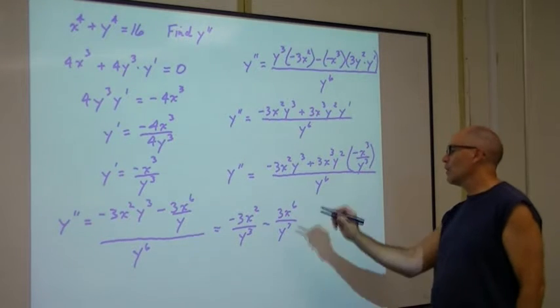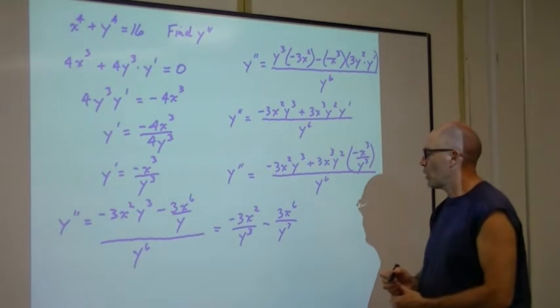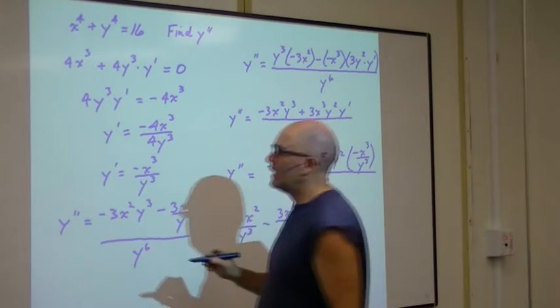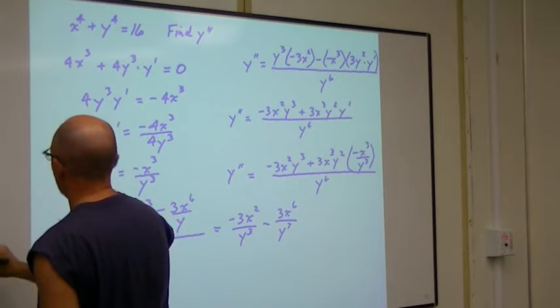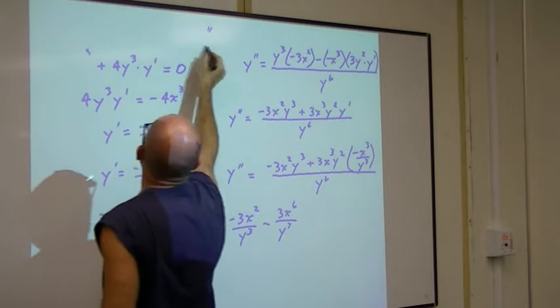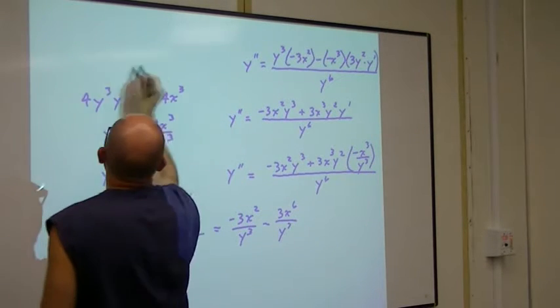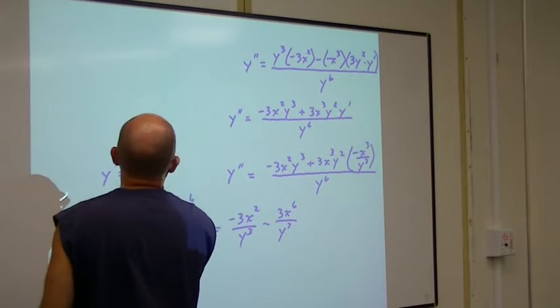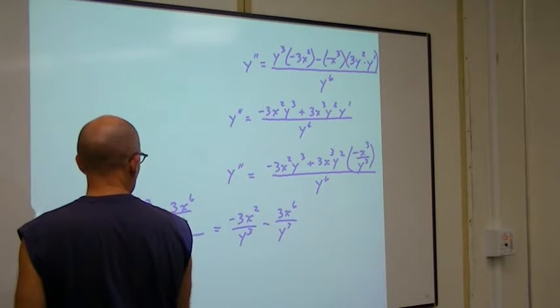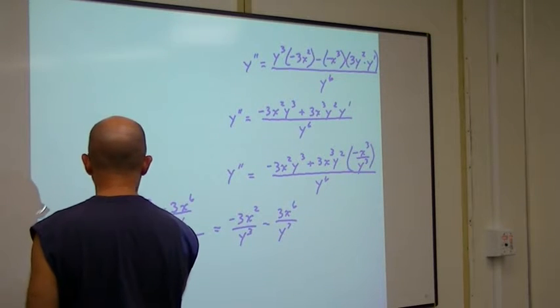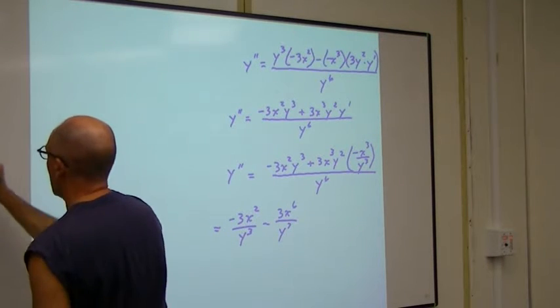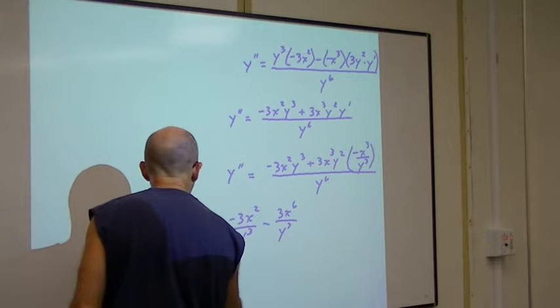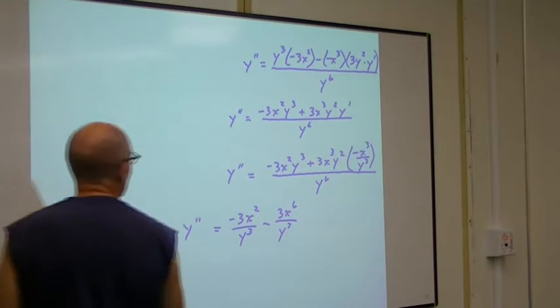All right, we'll clean this up a little bit more. Let's just make some room up here. We're just doing algebra here. So y double prime equals all that.